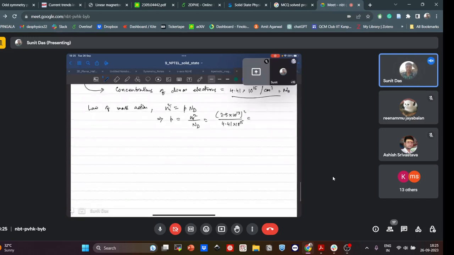Then the concentration of holes will be 1.417 into 10 to the power 11, I guess. Yes, per cubic centimeter.